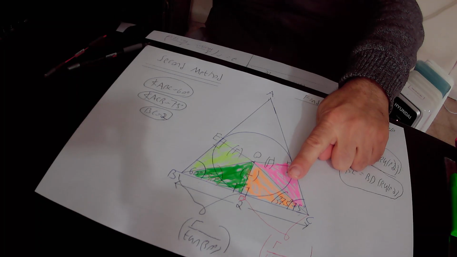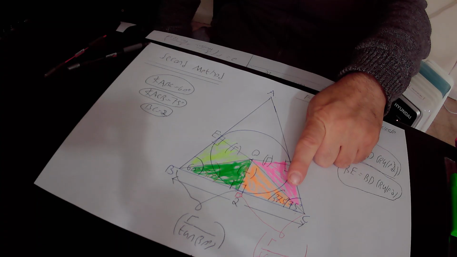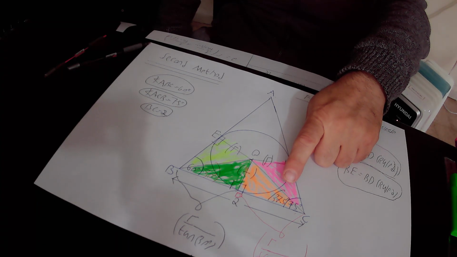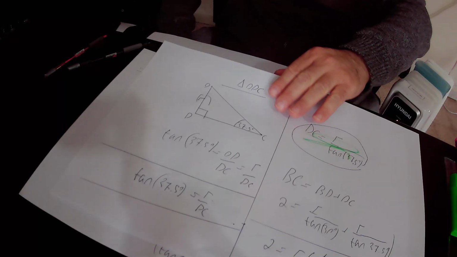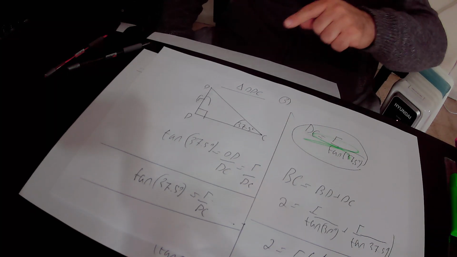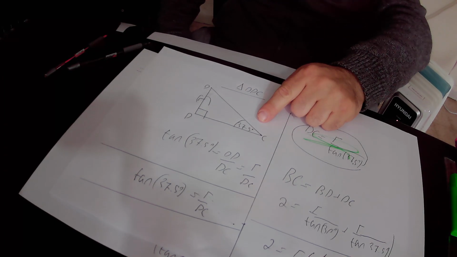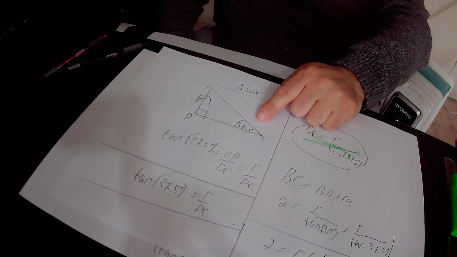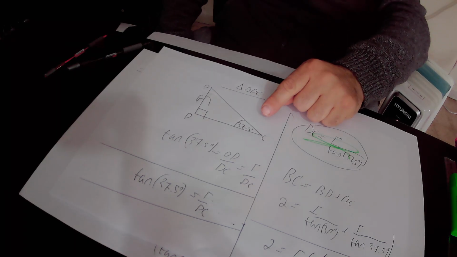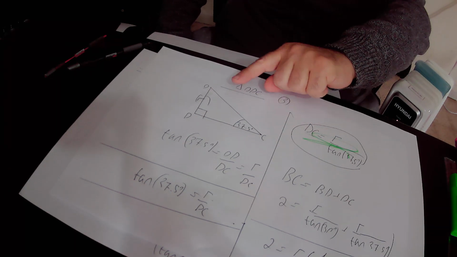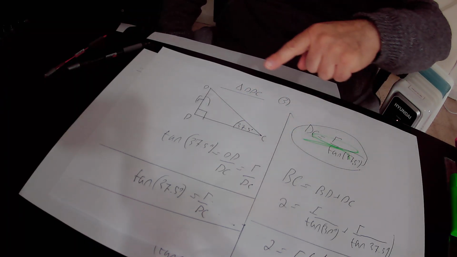Then I copied the orange triangle ODC in a new page, and we analyze this orange triangle ODC. Side OD is the radius of the circle that is equal to R. We just found out that this angle, alpha, equals 37.5 degrees. So in this right triangle ODC, tan 37.5 degrees equals OD over DC.